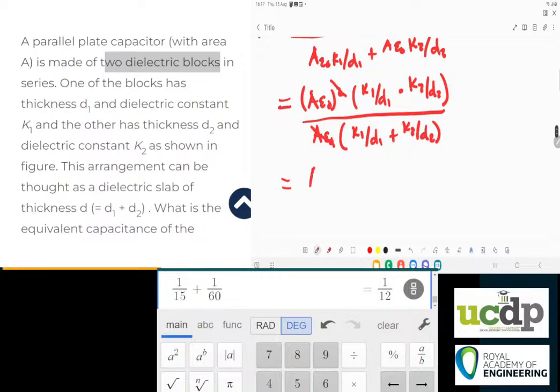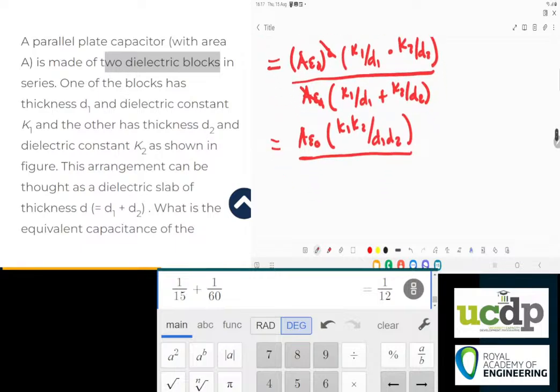Our expression remains as A E naught multiplied by K1 K2 over D1 D2, everything over, if we use D1 D2 as a common denominator, K1 D2 plus K2 D1, everything over D1 D2.